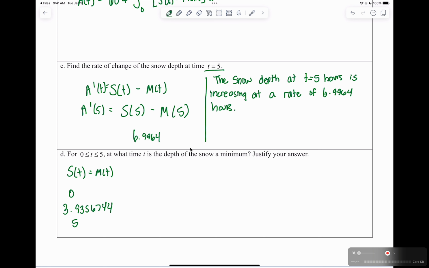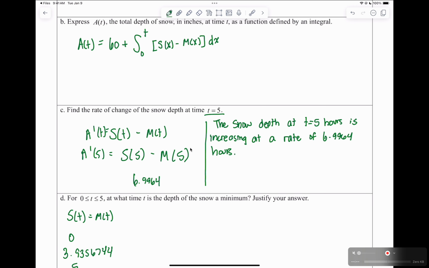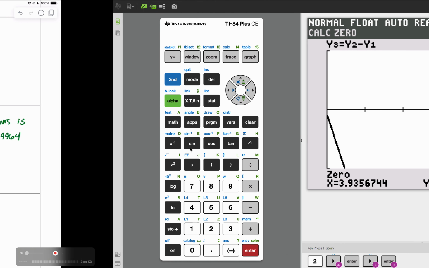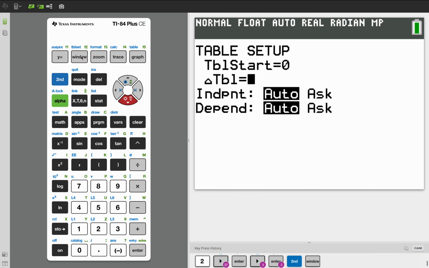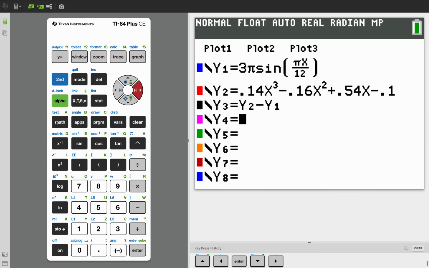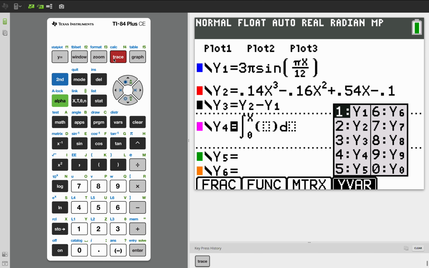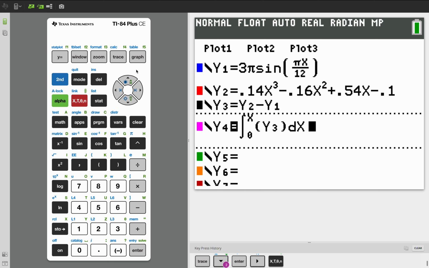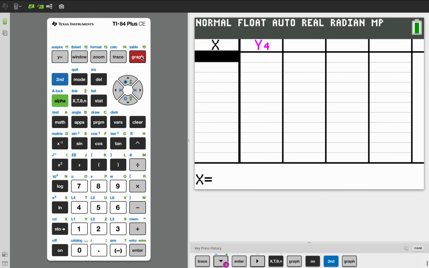The reason I'm having so many decimal places is we want to be as accurate as possible. They like 3 decimal places, however, use more than that just for accuracy. Now, if I want to find the depth, that's going to be whatever we did for part B. Just like in video 1, I'm going to go to second window so that I can look at my table set, and I'm going to set my independent as ask, so that whenever I do the integral on y4, I could just type in the critical points.